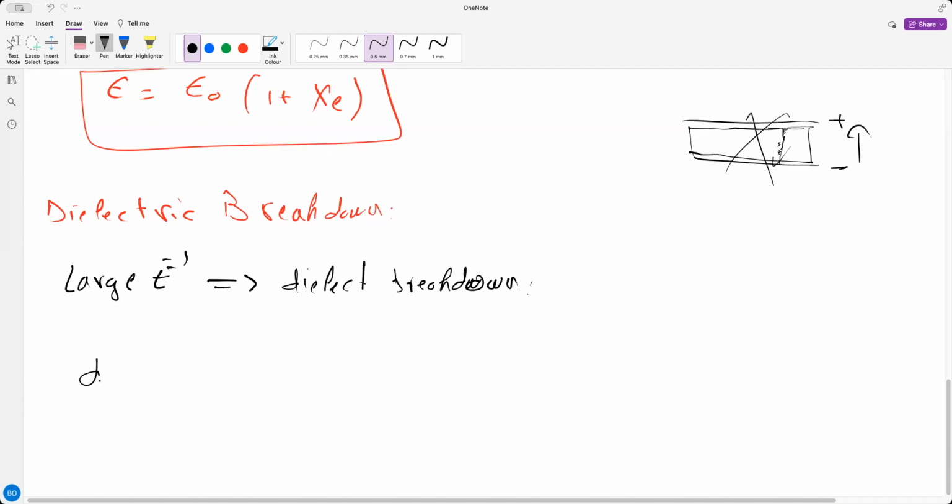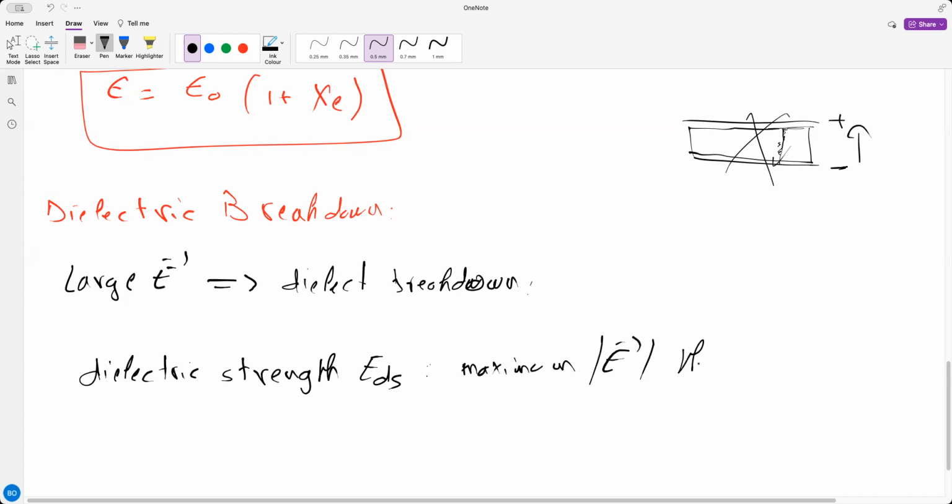So the dielectric strength, called E_DS, is the maximum electric field value that must not be exceeded.